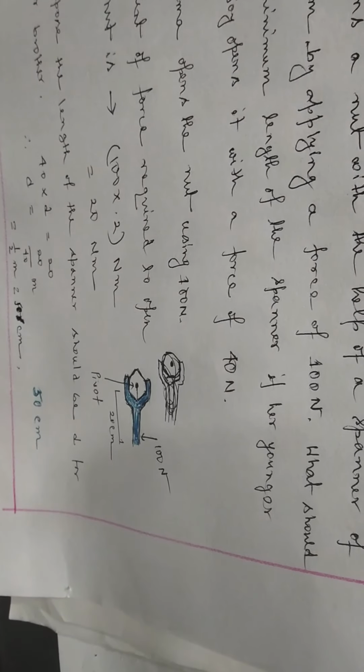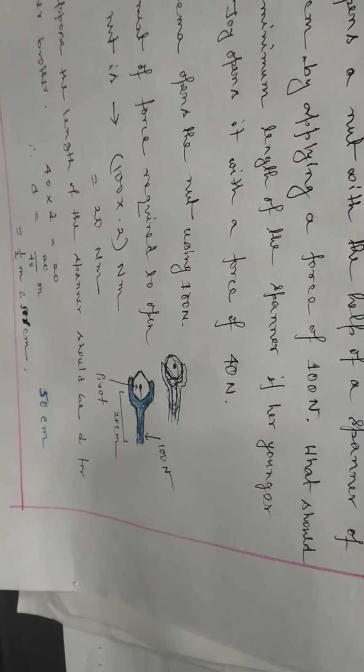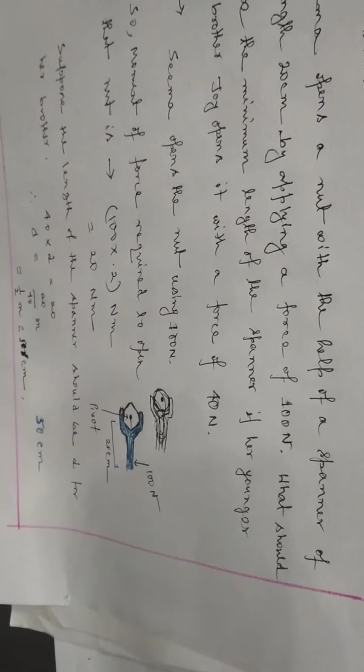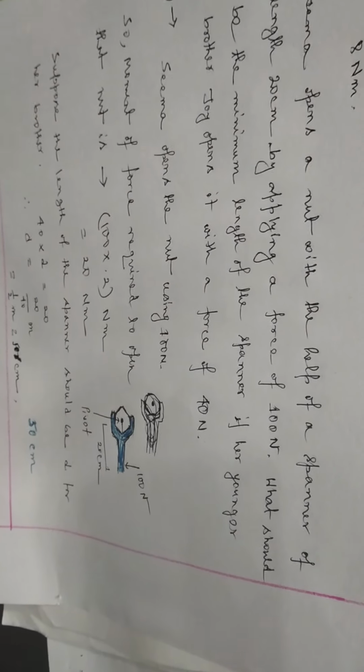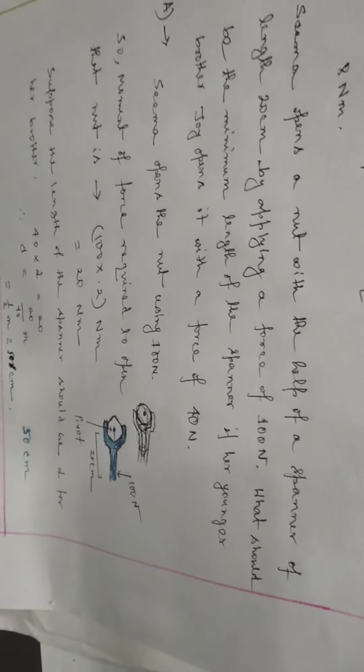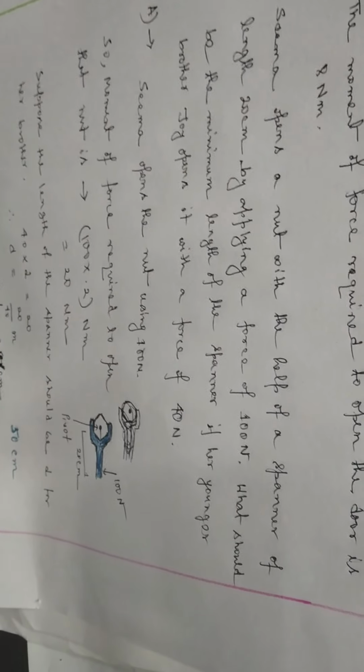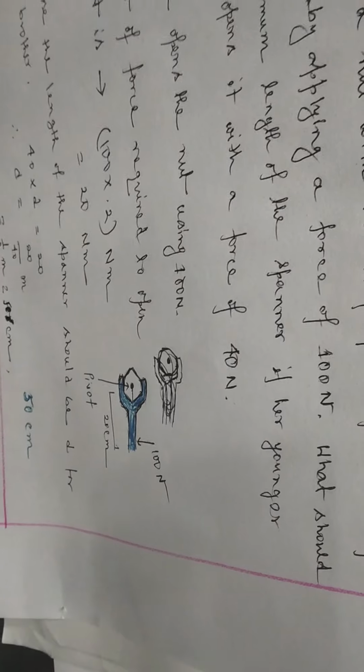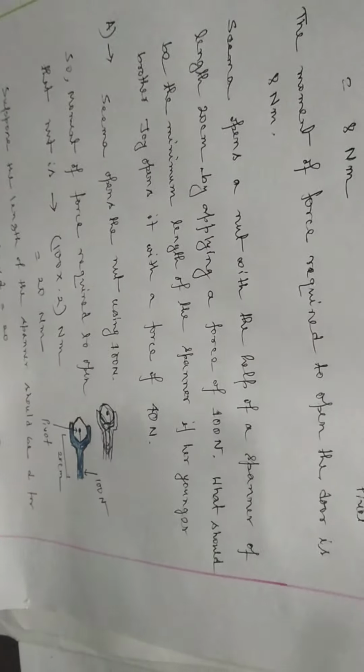And the length of the wrench is 20 centimeter. And the force applied is 100 Newton. So first we have to calculate the moment of force needed to open the nut.